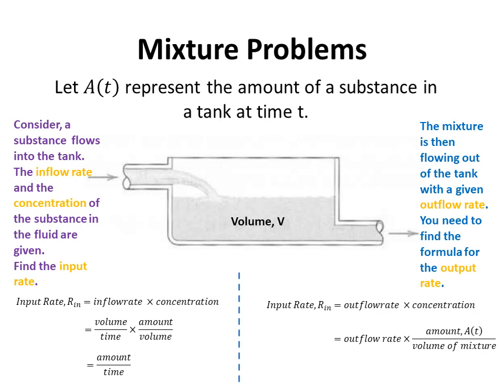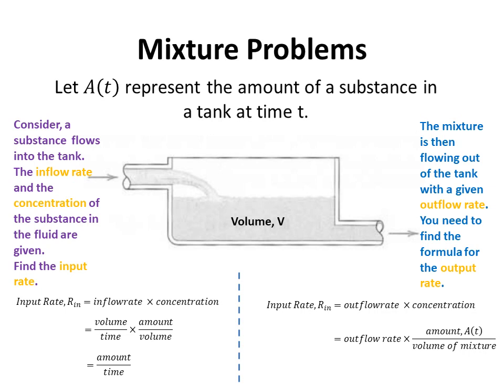In mixing problems, one is often given the rate at which the fluid containing the substance flows into the tank along with the concentration of the substance in that fluid. Hence, multiplying the inflow rate, which is volume over time, by the concentration, which is amount over volume, yields the input rate, which is amount over time.